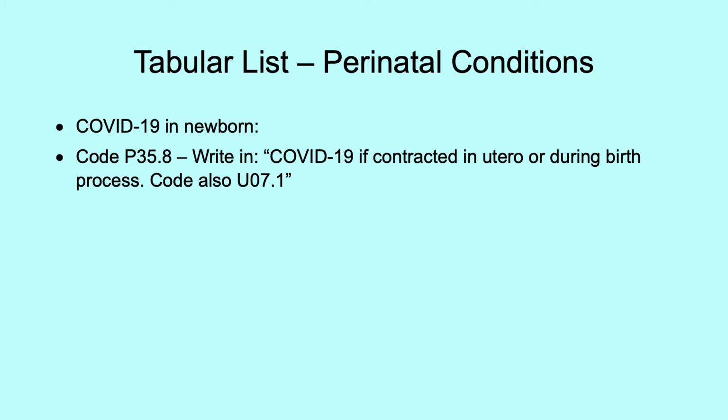Also in this chapter, find P35.A. Write in COVID-19 if contracted in utero or during birth process. Code also U07.1. Now the P35.8 code does not specify COVID-19, but the guidelines do, so write that in.